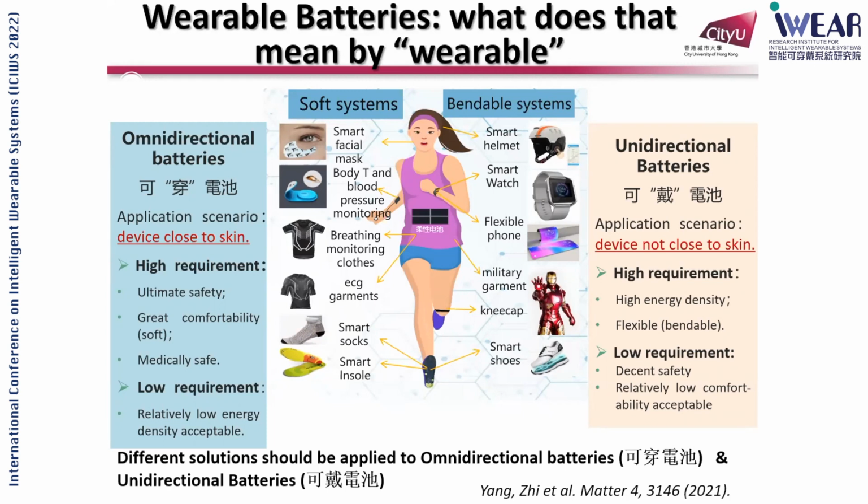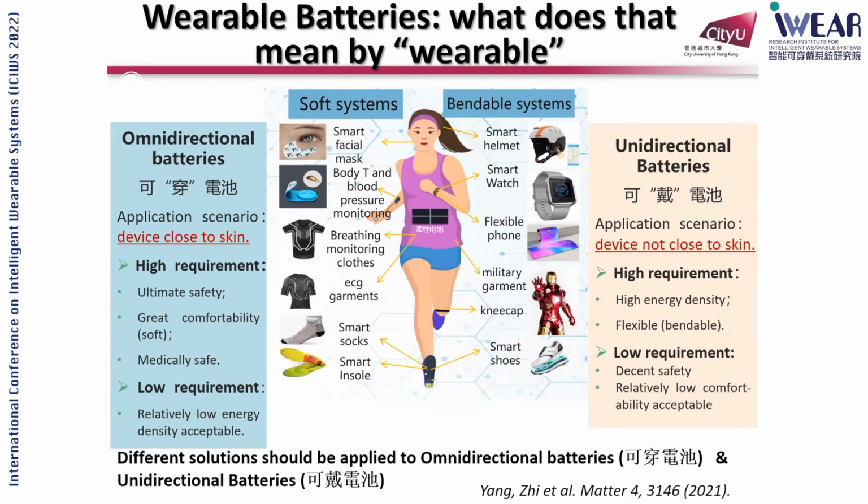For example, a smart facial mask or various monitoring clothes, such as an ECG garment, are devices in close contact with your body so that they can collect sensor signals.